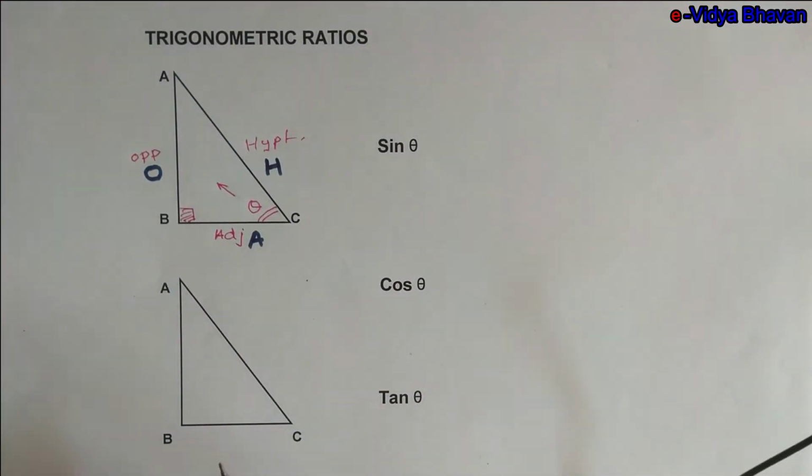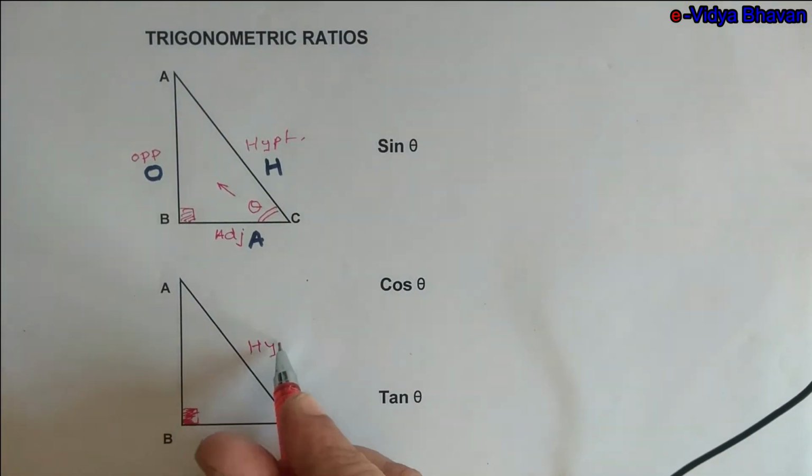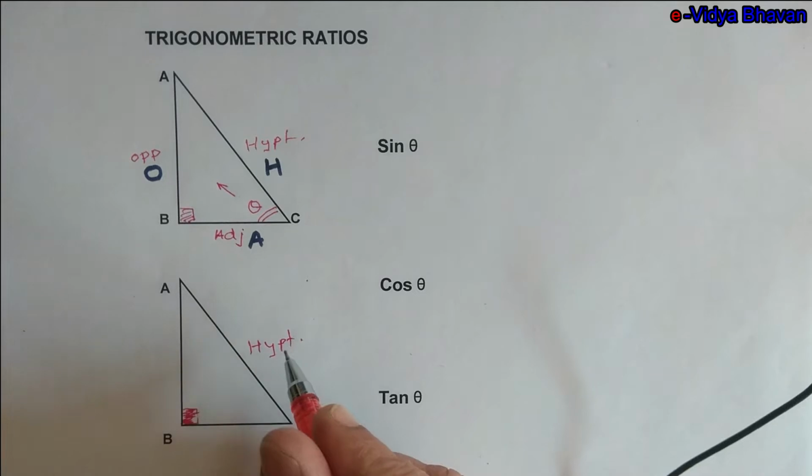Now if you consider the second figure, again I explain, this is the right angle, the side opposite to this right angle is called hypotenuse.